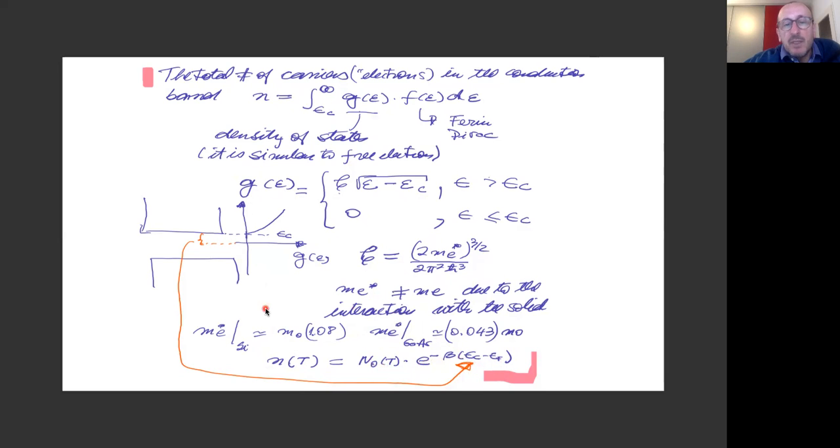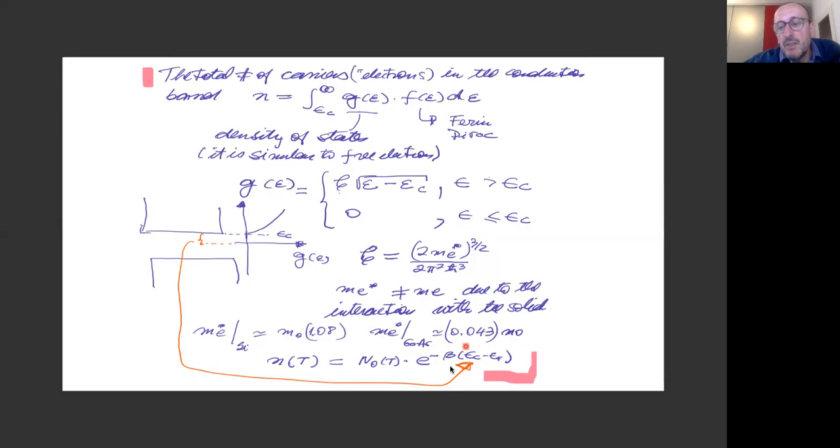So to know the density of electrons in the whole band, the only thing I need to know is the difference between the conduction band and the Fermi level. If I know the difference between this and that, I know the density of electrons in this band.